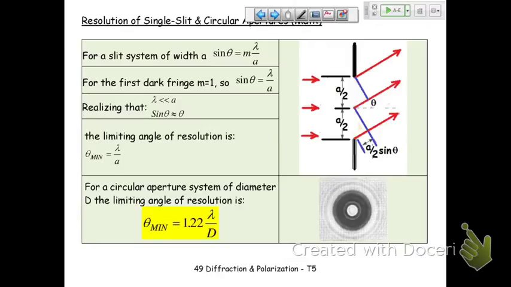But what I'm going to tell you is for a circular aperture with a diameter d, the minimum angle, the angle between two things that you can just resolve, the minimum angle of resolution, is 1.22 times lambda over d. Lambda is the wavelength of the light, and d is the diameter.